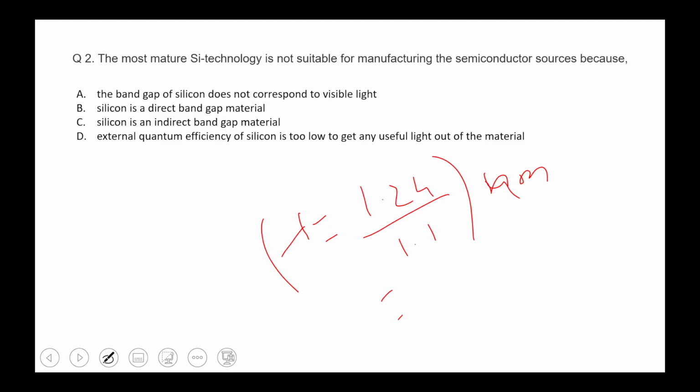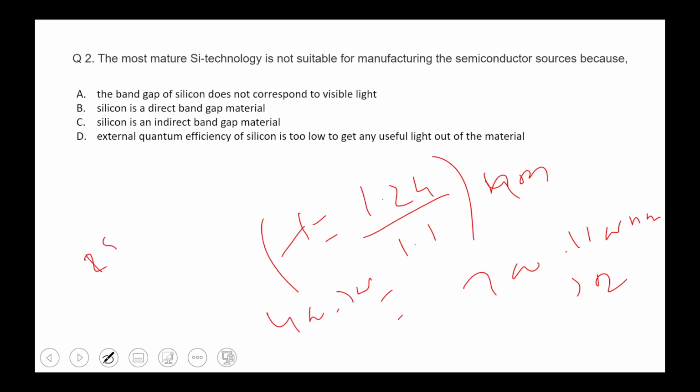Visible, maybe, because the visible range is 0.38 to 0.76 micrometer. Namita, that time I also discussed that. From 700 nanometer to 1100 nanometer is the IR range. From 400 nanometer to around 700 nanometer it is visible.